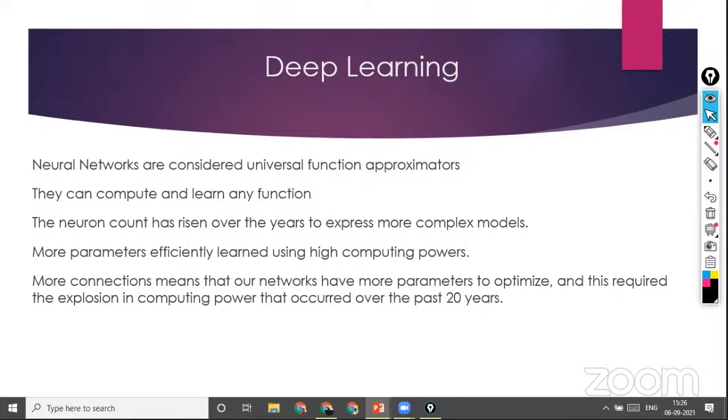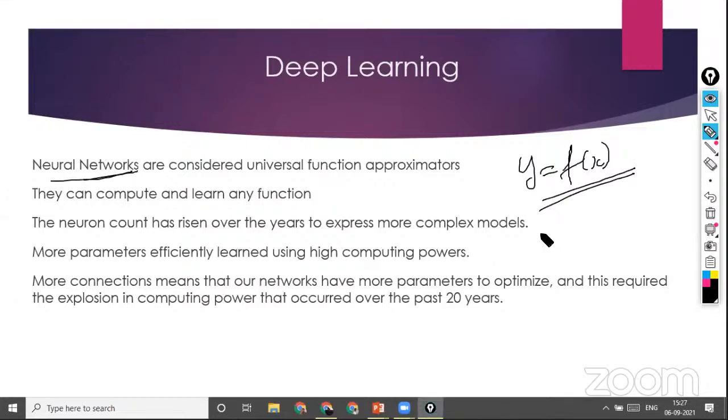Okay, so deep learning, you can think of it as a kind of universal function approximator. Like you have a function y equals f of x, and this function can approximate everything in that sense. The backbone of these deep learning techniques are neural networks.